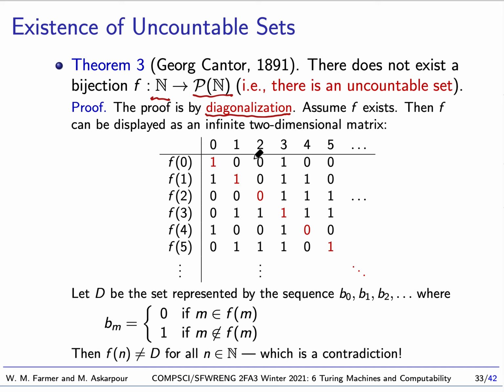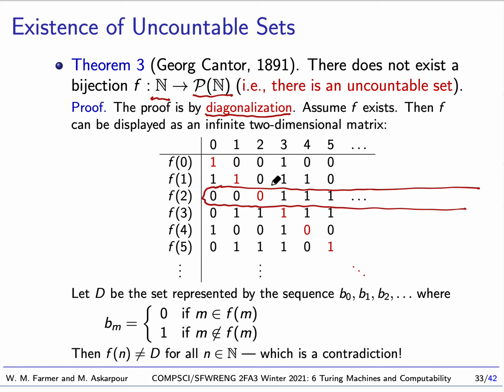And because f exists, if we go down this way on the left, we will see every possible subset of N. And if we take a particular subset, let's say the subset that 2 is mapped to, and we look at this infinite sequence here, this infinite sequence tells us what the set is. Because there's a 0 here, it says 0 is not in the set. There's a 0 here, 1's not in the set.